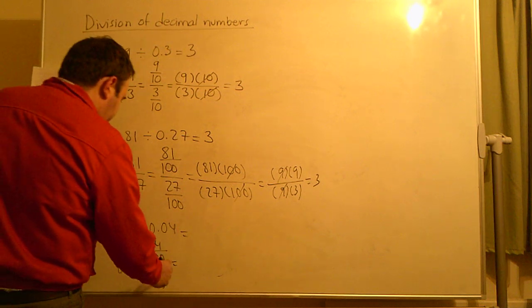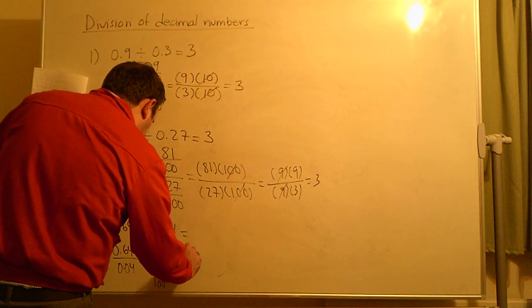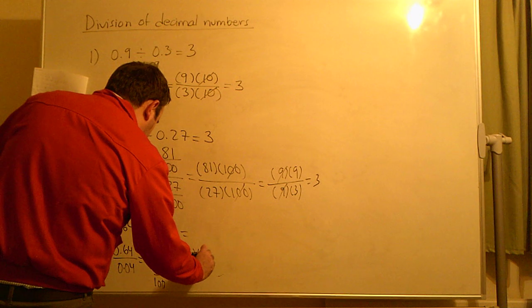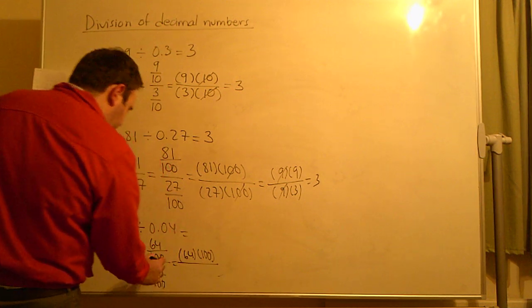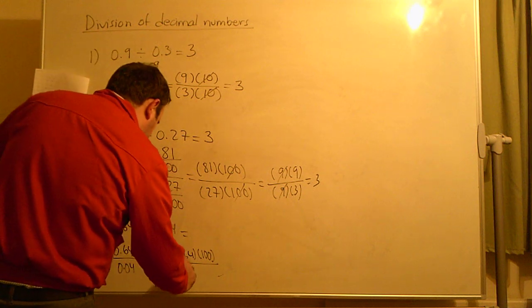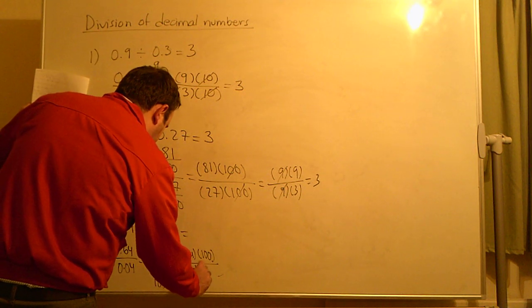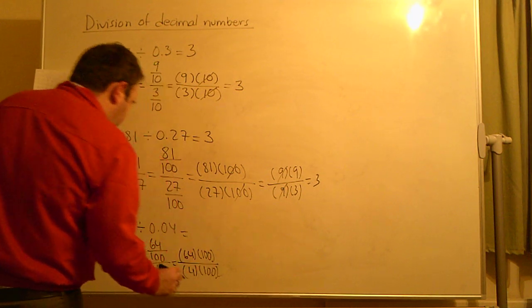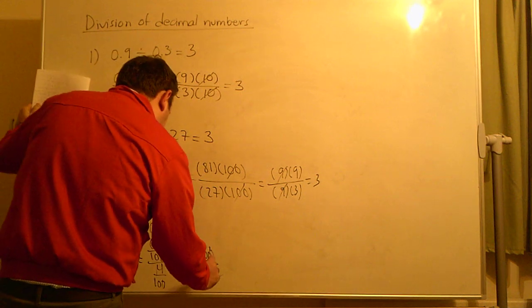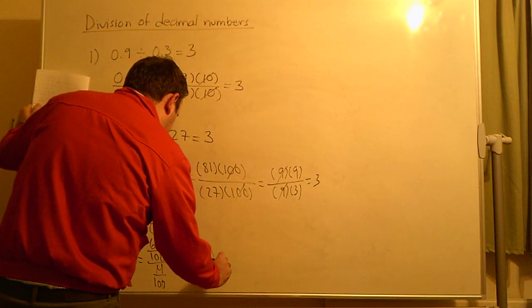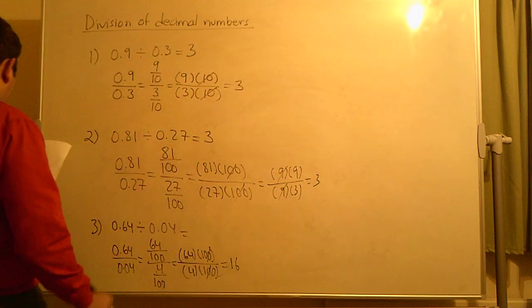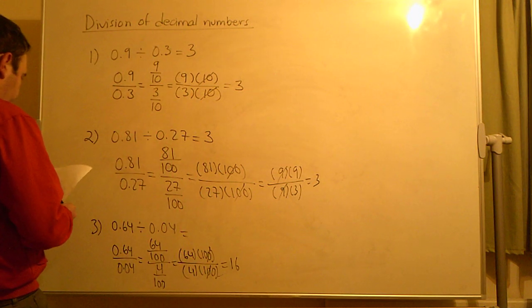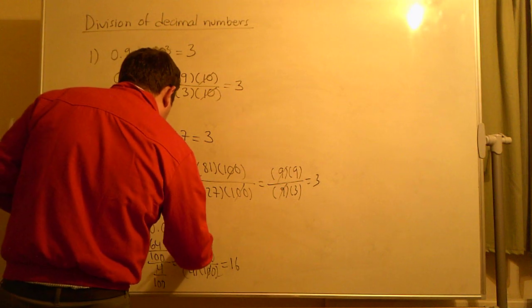Now we multiply the extremes, and then we would have 64 times 100 divided by 100 times 4, then we would have 4 times 100. Now 100 divided by 100 is 1, and 64 divided by 4 is 16. So the final result would be 16.